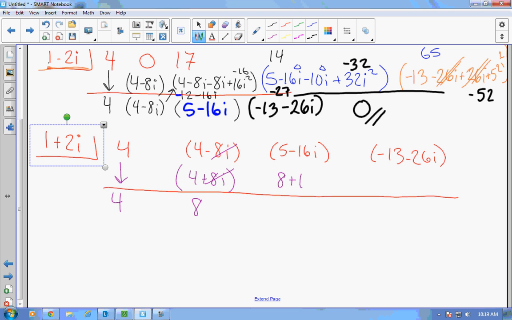Oh, this is pleasant too. Look what happens. Oh, snap. Cancel, cancel. How nice is this problem? The first step was awful, but this step's pretty nice. 5 plus 8 is 13. Lastly, multiplying 13 by our complex number out here, 13 times the 1 is positive 13. 13 times the 2i is a positive 26i. And what happens? Everything cancels, we get remainder 0.